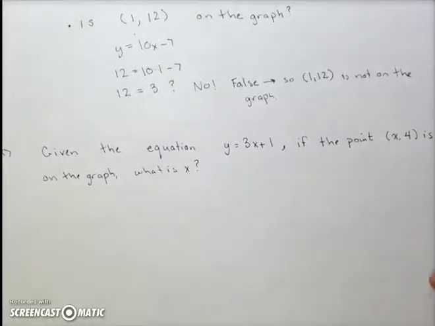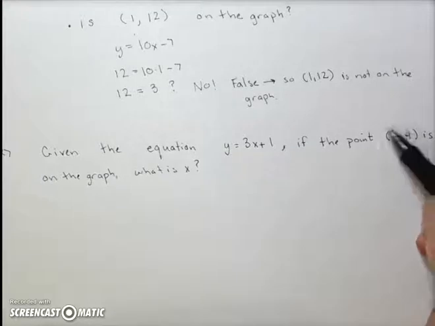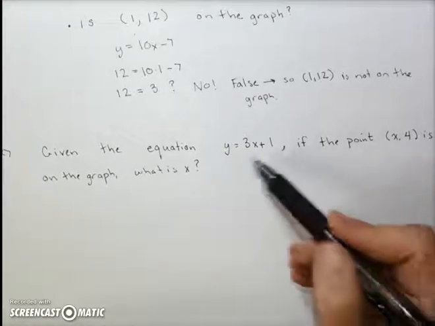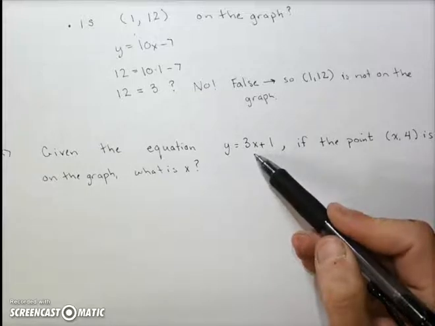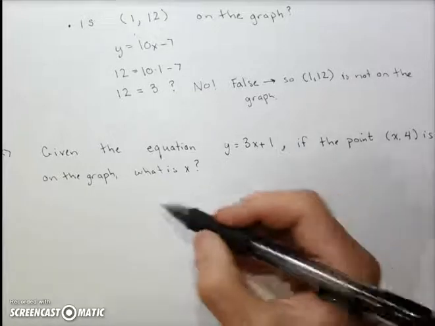So what this question is asking is, we have a point that's on the graph. So this point is supposed to make the equation true. We need to find the x value that's going to make the y value 4.